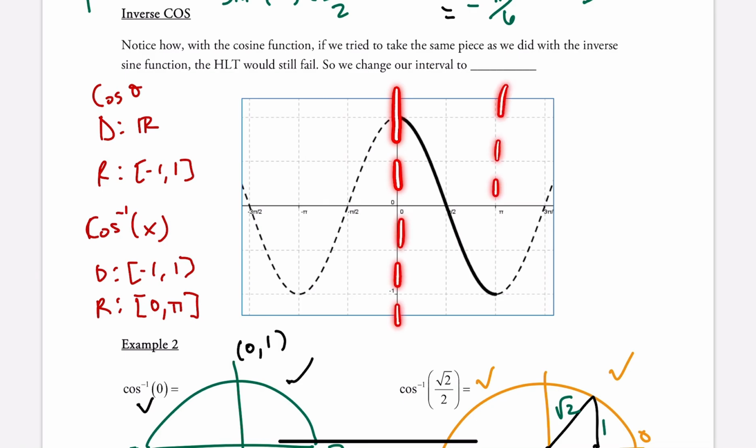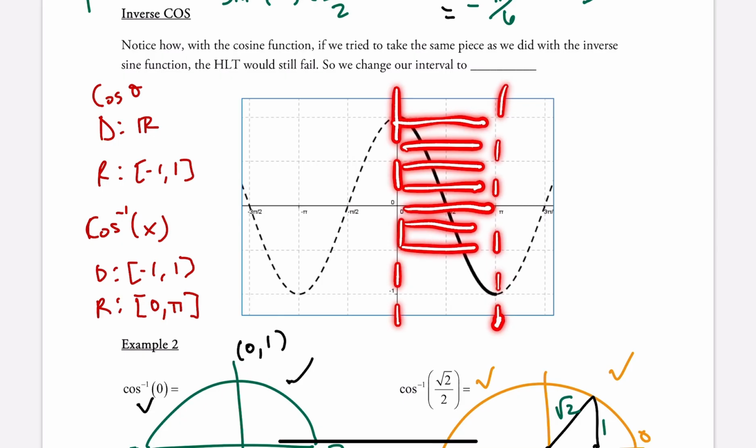So just to cut to the chase here, we're going to need to talk about the horizontal line test, because in order for an inverse function to really exist, it must pass the horizontal line test. In other words, if we go beyond these 2 points here, it's going to fail. So let me explain. If we do the horizontal line test at any given y value here, your horizontal line will only cross the graph once.